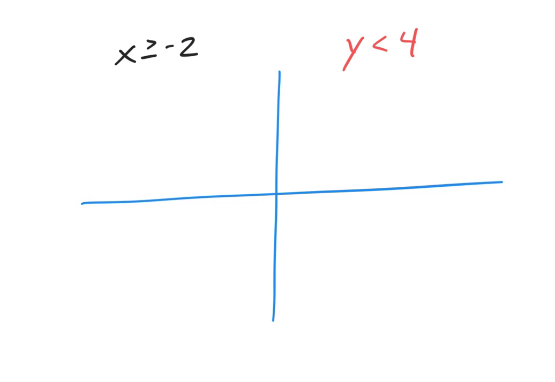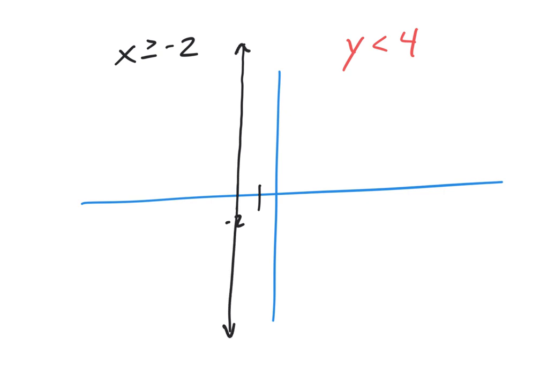If I have X all by itself with no Y, what kind of line am I going to have? Vertical, right? It's going to be straight up and down. It's only going to cross the x-axis, and it's going to cross the x-axis at negative 2. So it's going to be a solid vertical line.